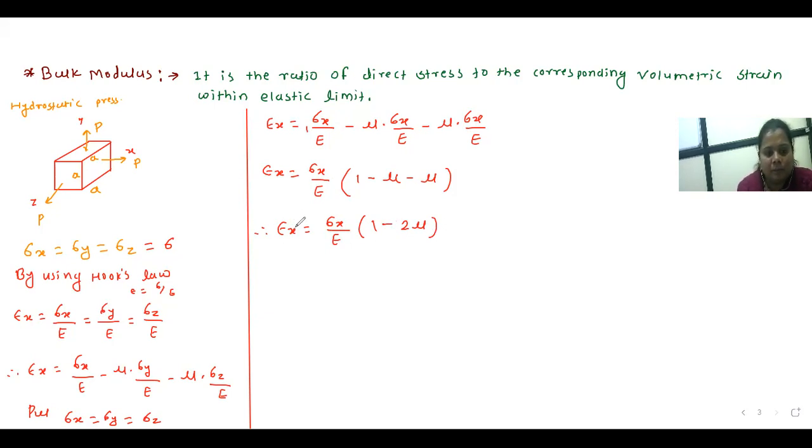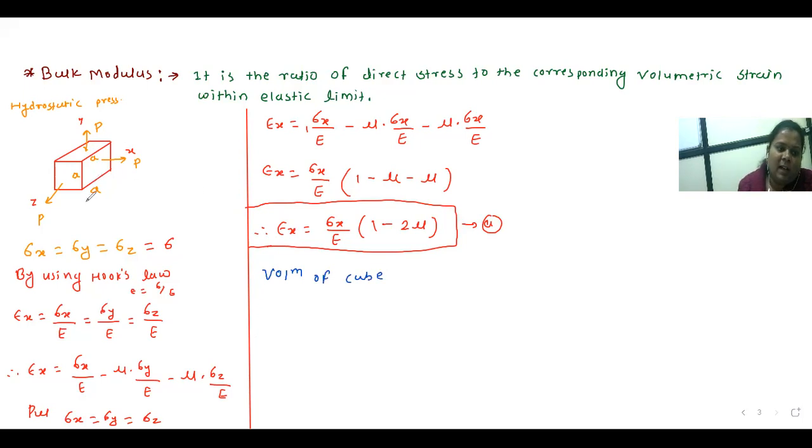Suppose we consider this as equation A. Now we will find out the volume of this cube. The dimension of this cube is A. So volume V is equal to A into A into A, that is A cube.